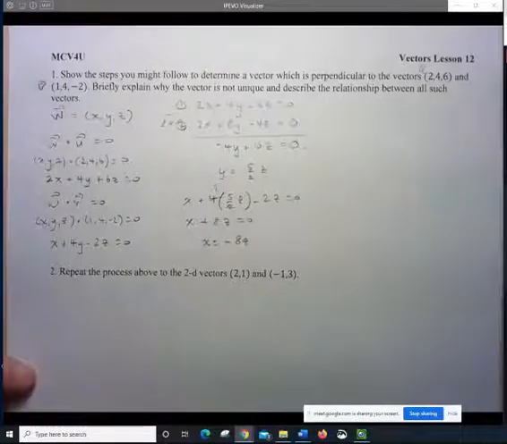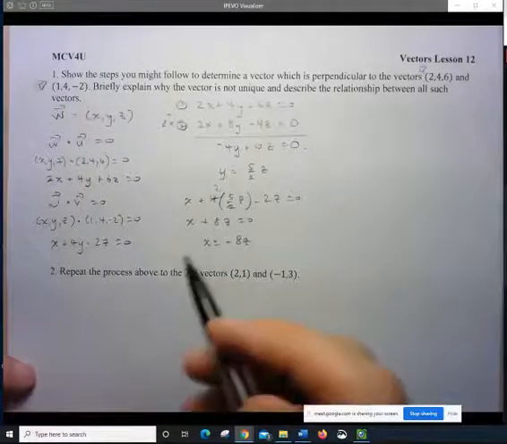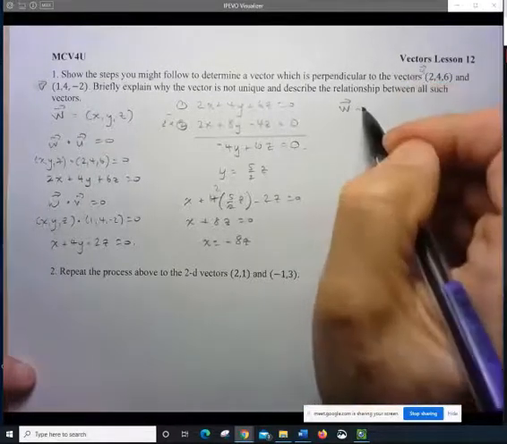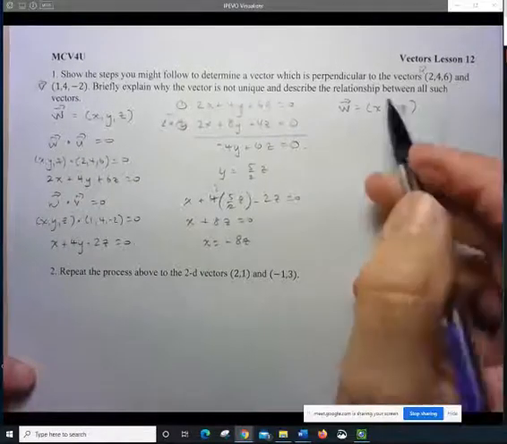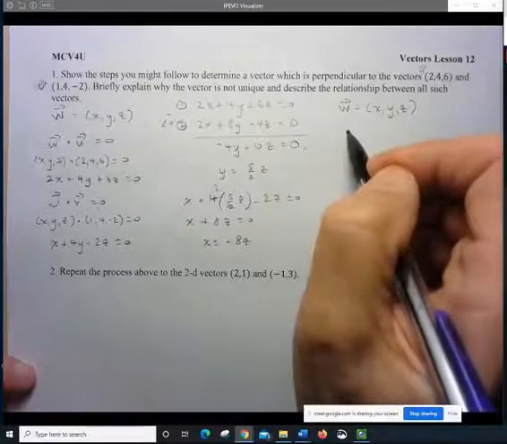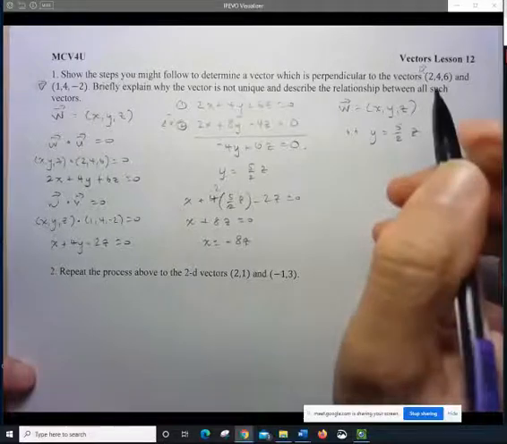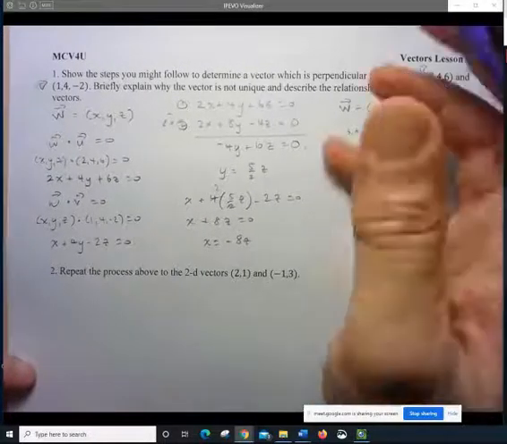So it looks like we've shown that we have infinitely many solutions, because our vector xyz could be any vector such that y is equal to 5 over 2 z and x is equal to negative 8z.